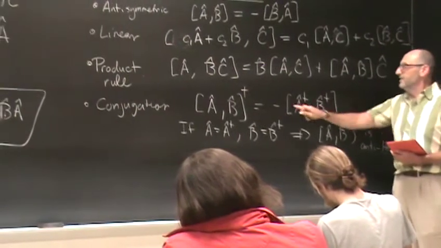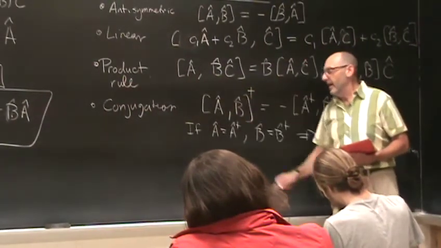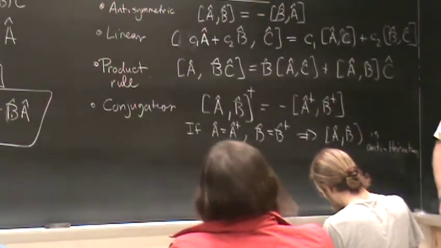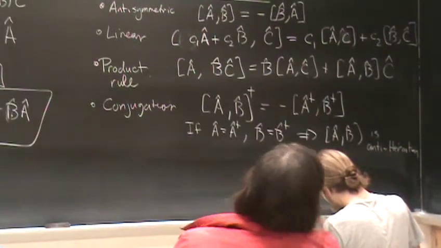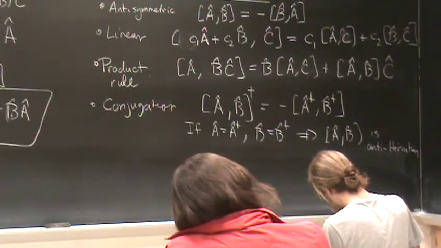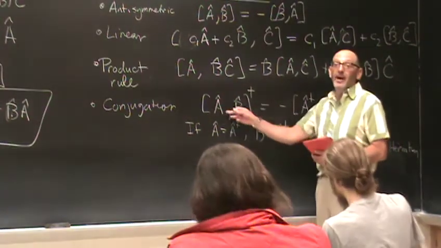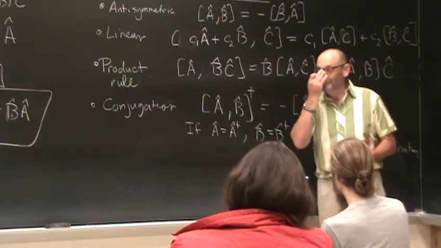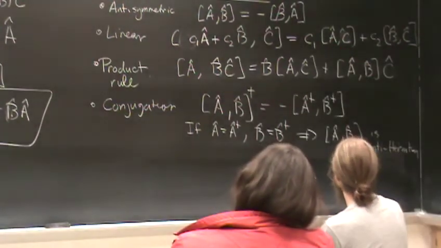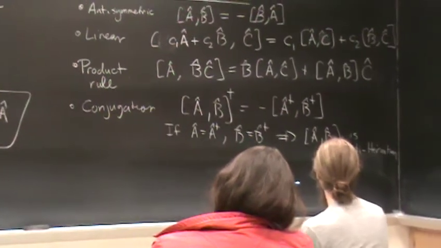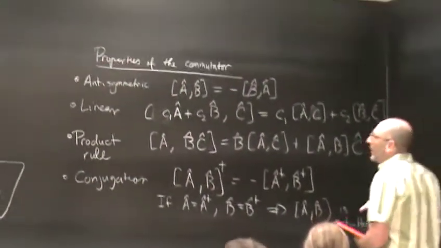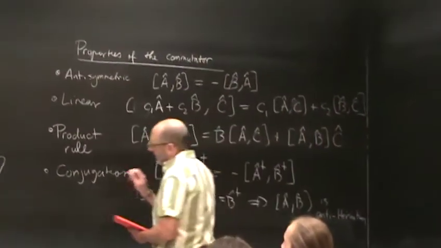Because these guys are Hermitian, that means the dagger of the commutator is minus the commutator. You know that. If you have X and P, their commutator is i h bar. Right? Okay.